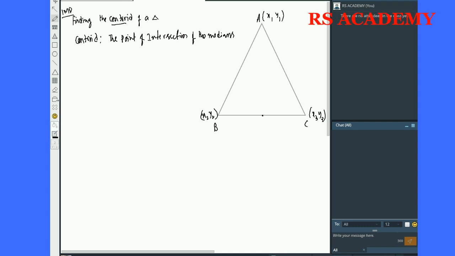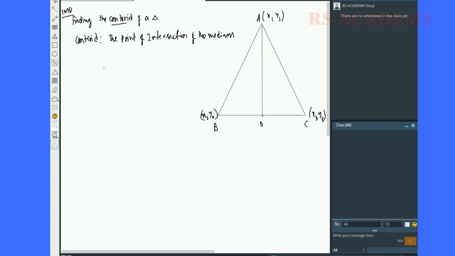Now first you have to know what the median is. Median is the line joining a vertex and the midpoint of its opposite side. So let D be the midpoint of BC, and if you join A and D, AD will become the median.